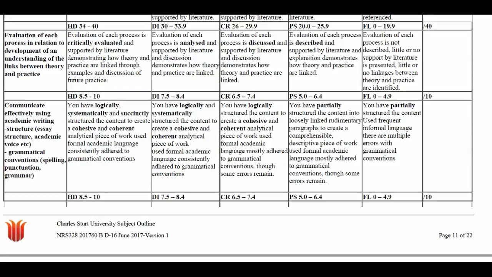The next one is evaluation of each of the processes in relation to development of an understanding of links between theory and practice. You'll be able to do that by demonstrating that you're supported by literature, and it will be evident that you're using both theory and practice in that reflective piece as well.